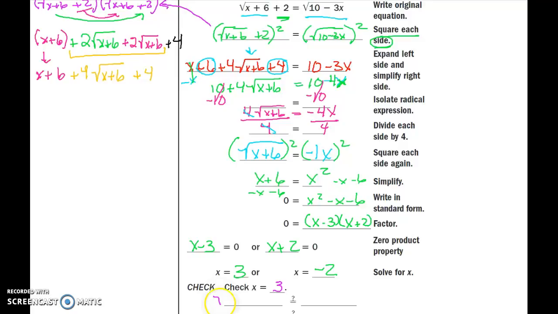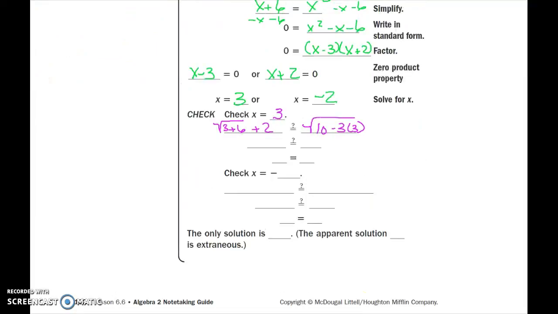And I have to say the square root of 3 plus 6 plus 2 equals the square root of 10 minus 3 times 3. I'm just substituting 3 in for x. Pardon me. So the square root of 9 plus 2 equals the square root of 10 minus 9.